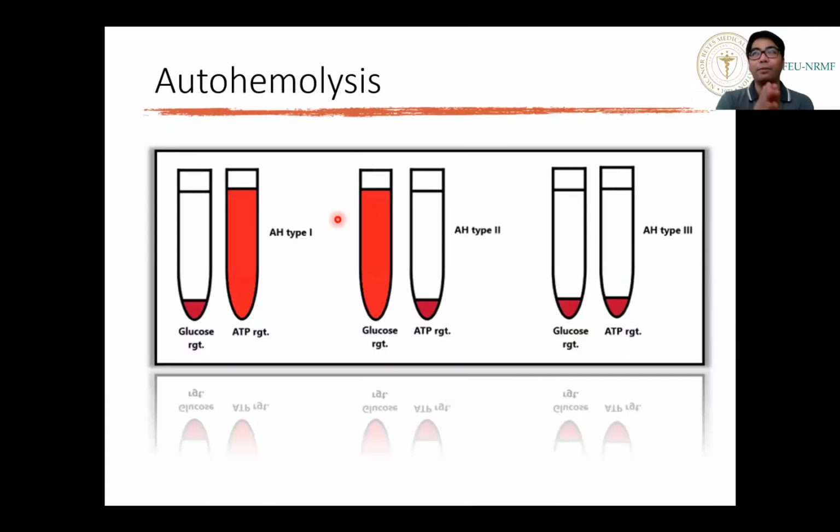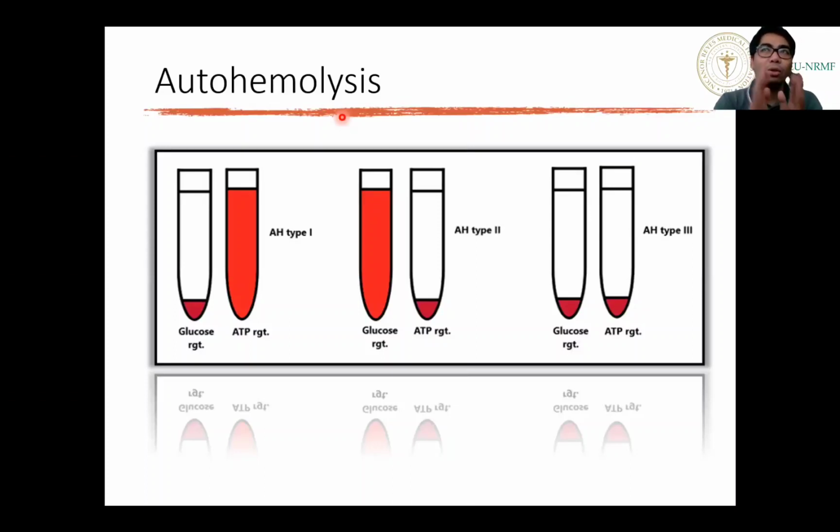Now, another test for enzymopathy to differentiate between G6PD deficiency and pyruvate kinase deficiency is what we call the autohemolysis test. Now, in autohemolysis test, if we subject our blood samples on a temperature around 40 to 45 degrees Celsius, or maybe up to 50 degrees Celsius, but usually ang ginagamit mga around 45 degrees Celsius, our red cell somehow can still withstand that temperature without lysis in normal red cells.